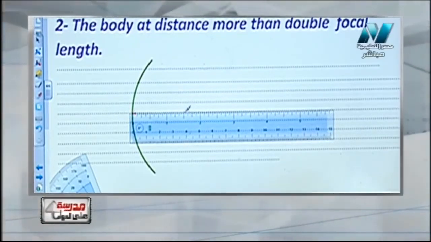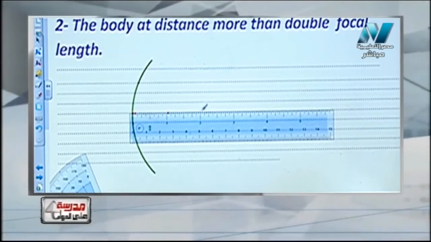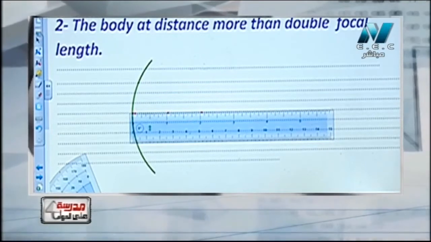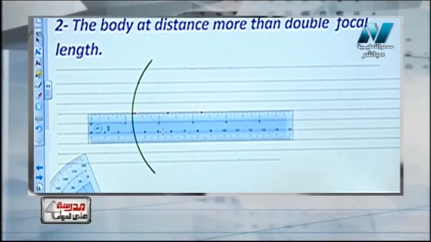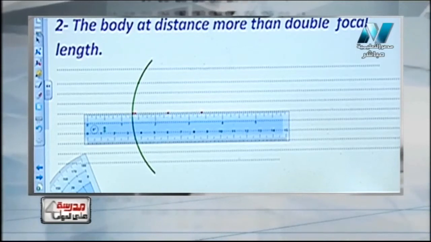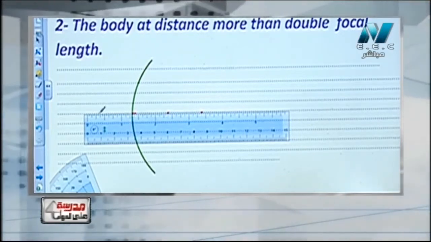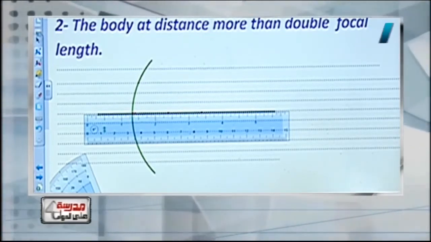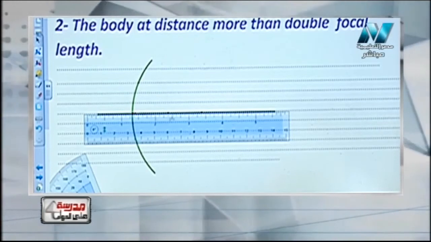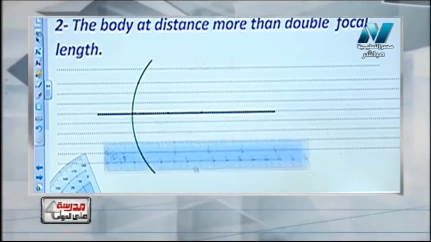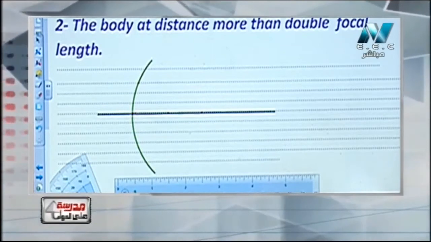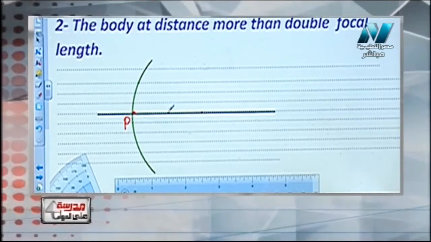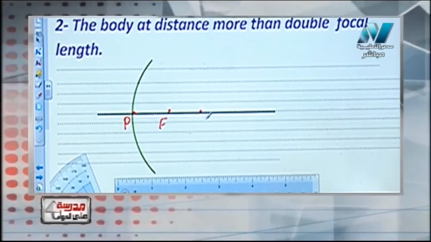P, F and C. Then we will draw the principal axis. طبعا during the exam we will use only pencil, not colored pen. مش هنستخدم الألوان يعني during you draw the image. Okay, so first we should put the points P, F, and C.